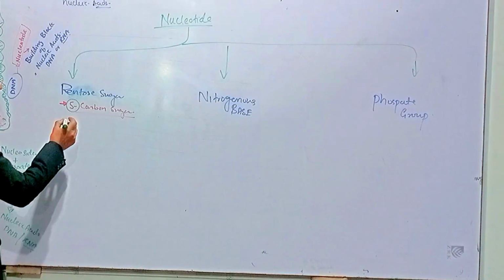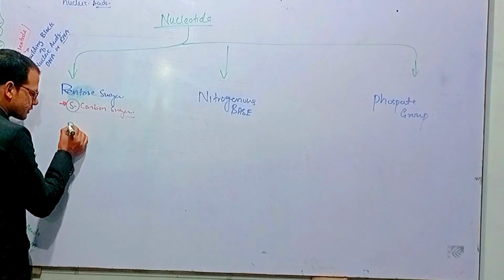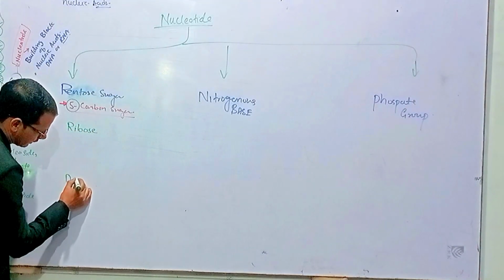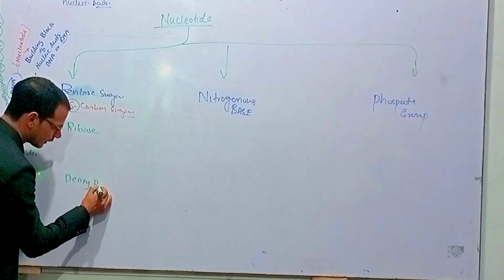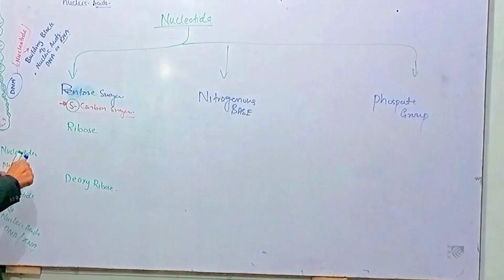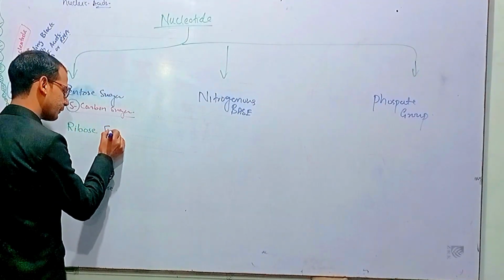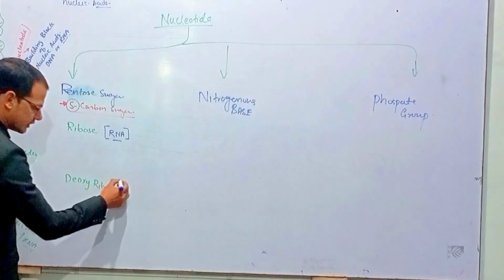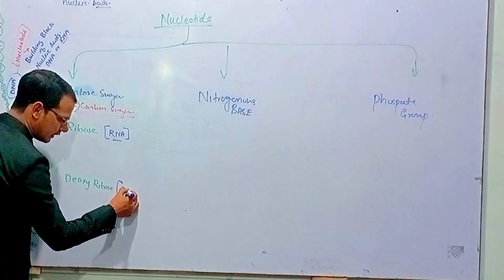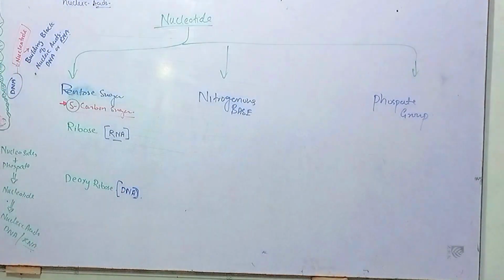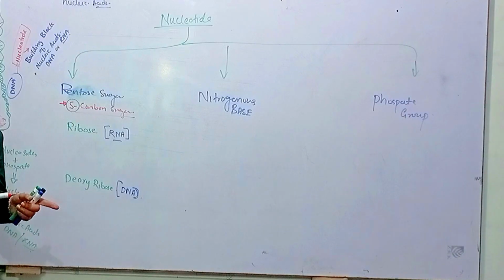The one is ribose and the second one is deoxyribose. Right? This ribose sugar is present in the nucleic acid RNA and this deoxyribose is present in DNA. Right? What is the difference between ribose and deoxyribose? Let's look at their structures.